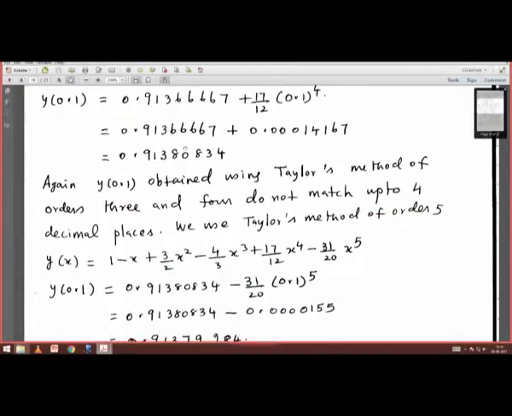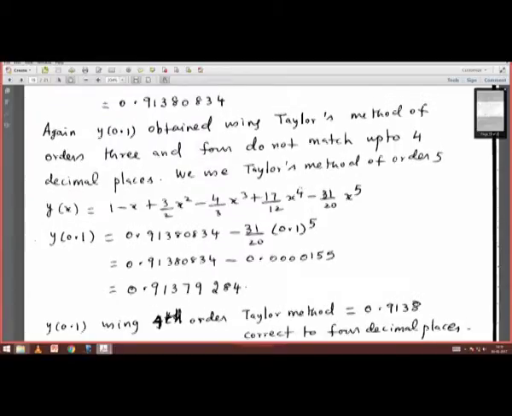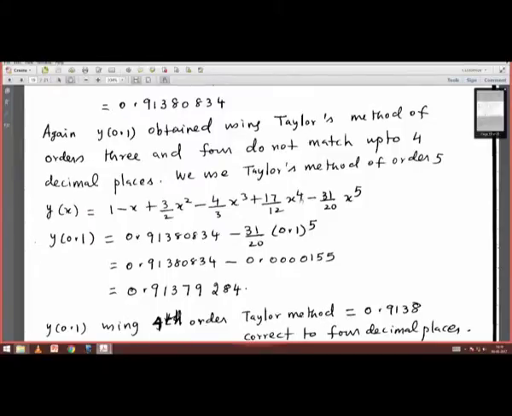So, I cannot stop, and so I will have to add say another term and check whether I get the desired accuracy. So, I write down the solution y of x by incorporating terms up to order of h to the power of 5. So, I have the values up to this by my previous computation. I only have to add this term to it, and when I do that I end up with this solution, and I observe that correct to 4 decimal places this gives me 0.9138, and correct to 4 decimal places the solution obtained by adding just the terms up to h to the power of 4 also gave me 0.9138.